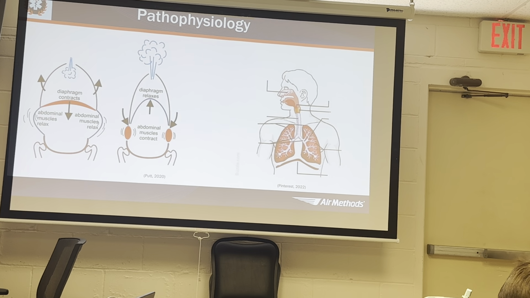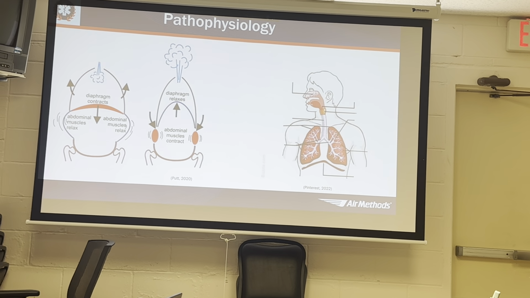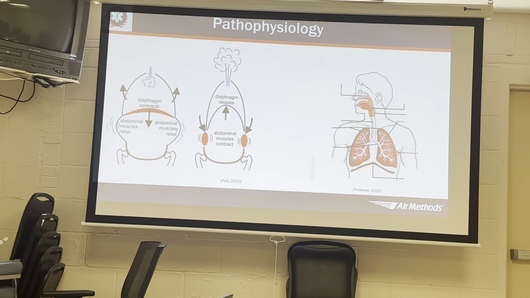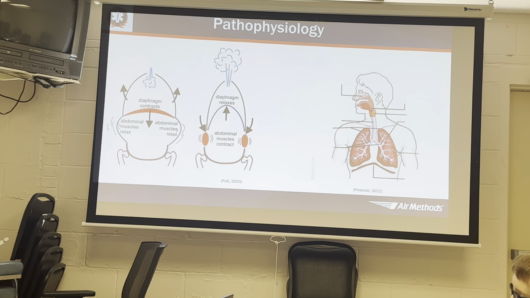Regarding the pathophysiology, one of the things people don't think about a lot when we talk about ventilation is that when we put a patient on a ventilator, we're changing the fundamentals of how they breathe. Naturally, we are exhaling purposefully, intentionally, by causing our abdominal muscles to contract. That pushes air out, and then we relax those muscles. Our diaphragm does contract, but we relax those abdominal muscles, and then air passively fills our lungs.